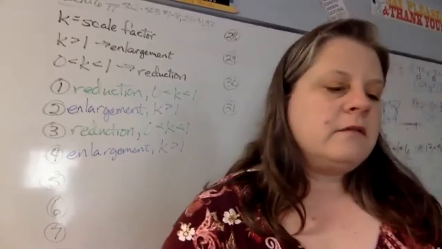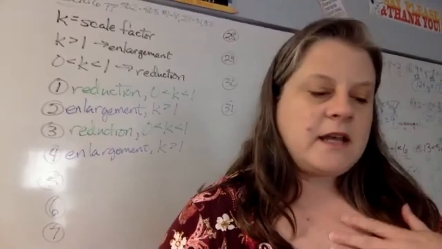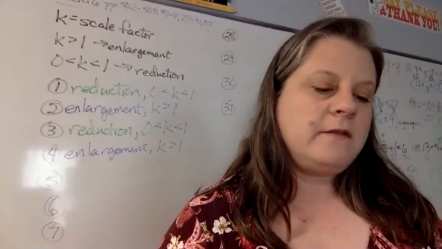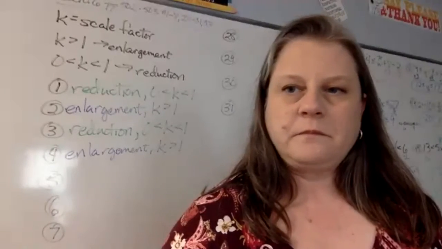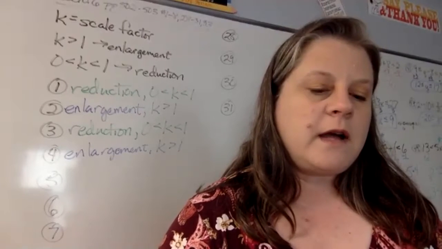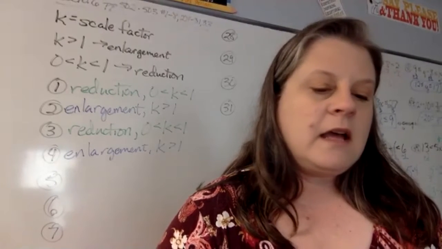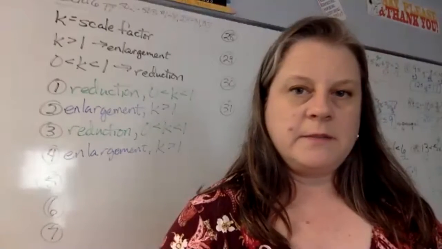Now, for the next 4 problems, they're a little bit different. Now, it tells us to determine whether the red figure is a dilation of the black figure centered at P. If so, find the value of K. If not, explain why the transformation is not a dilation.